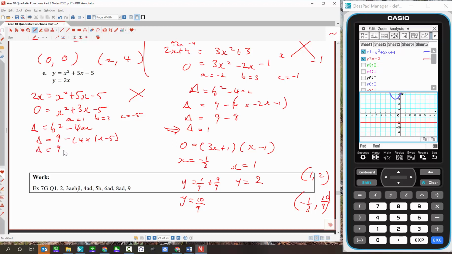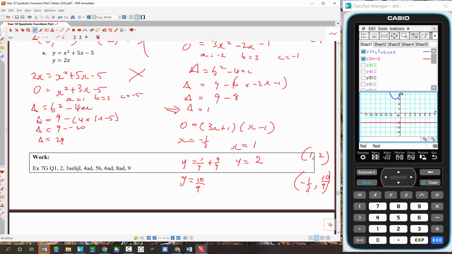That is going to be 9 take -20, so the discriminant equals 29. So we do have 2 solutions.